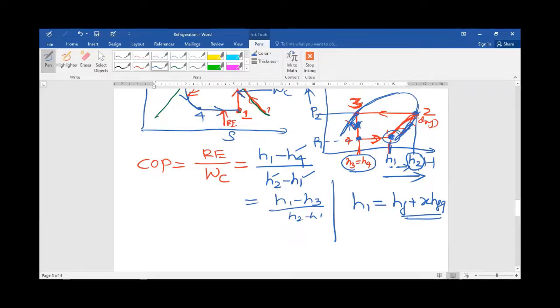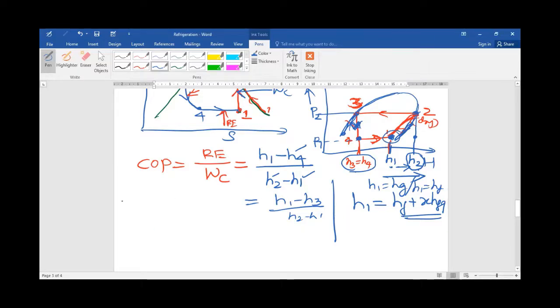If point number 1 is on the dry line, I can directly write H1 is equal to Hg. If point number 1 is on the liquid line, I could have written H1 is equal to HF directly. But it is between these two.